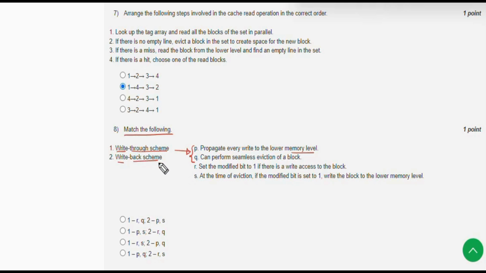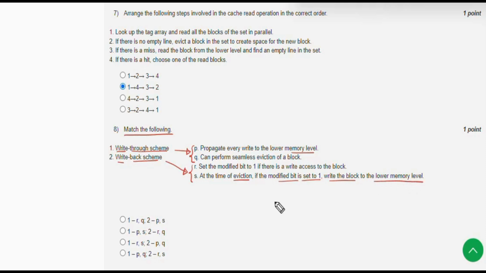And the write back scheme will be matched with options R and S: set the modified bit to 1 if there is a write access to the block, and at the time of eviction, if the modified bit is set to 1, write the block to the lower memory level.